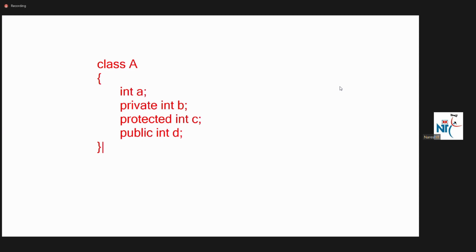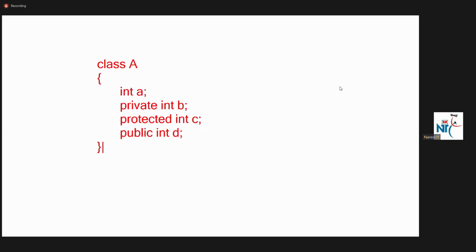Now, what I'm going to explain is the difference between these four. These are which type of variables? Instance variables. When is memory allocated? Whenever an object is created, memory is allocated. Whenever an object is destroyed, memory is deallocated. Life is the same, but scope is different.